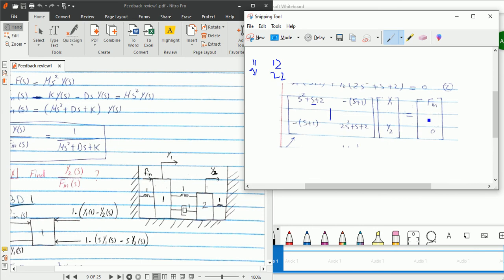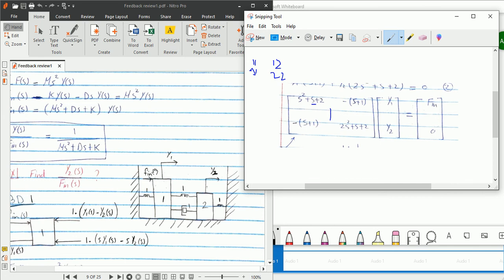So write its Laplace here, f in, and there is no force on 2. Okay, so write 0 here. Similarly, in electric circuit, we will model this force with the voltage source. So we will write the voltage where there will be a DC battery connected, and 0 where there is no source present. So is the matrix form clear to you?